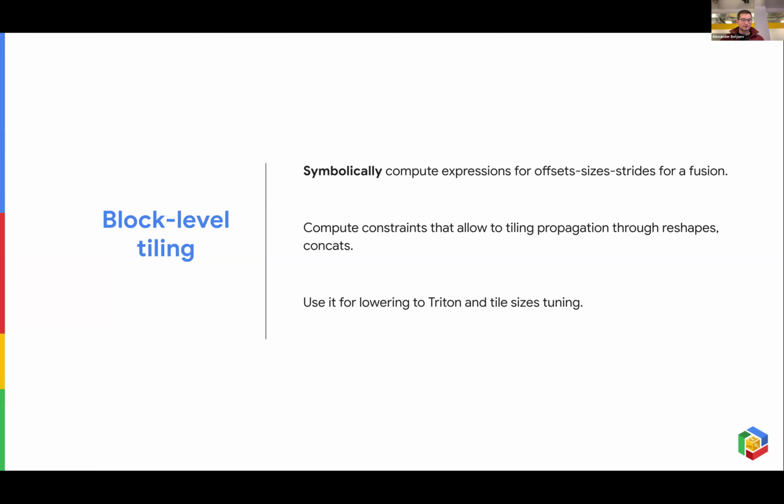For example, like, oh, tile size has to be divisible by 4 or by 8 or whatever. And then we use it to lower to Triton and also to quickly adjust tile sizes because we have auto-tuners that iterate over a set of different tile sizes and try to generate code.